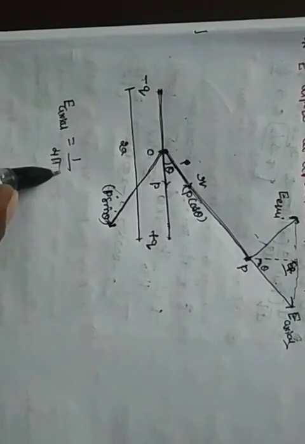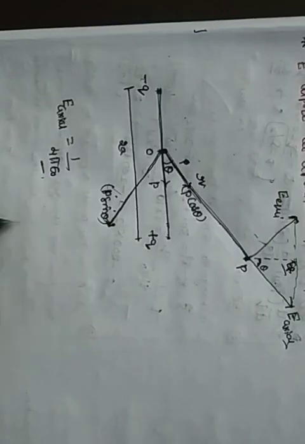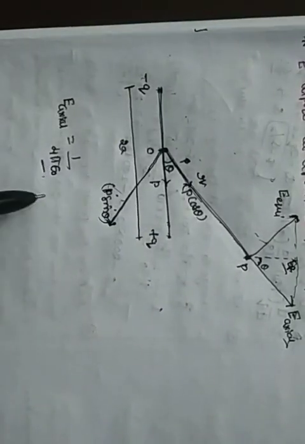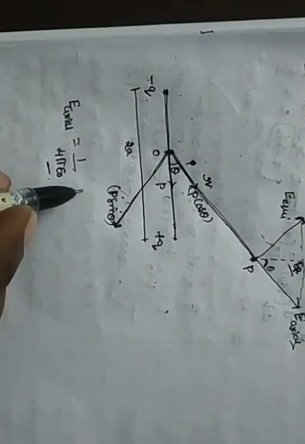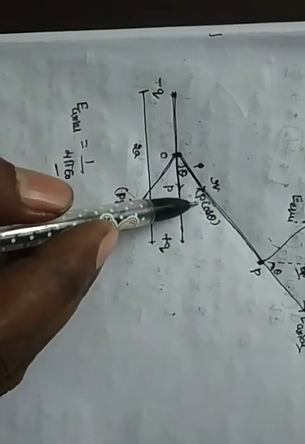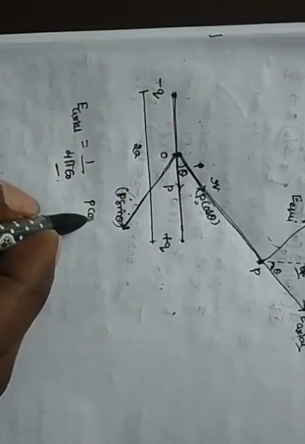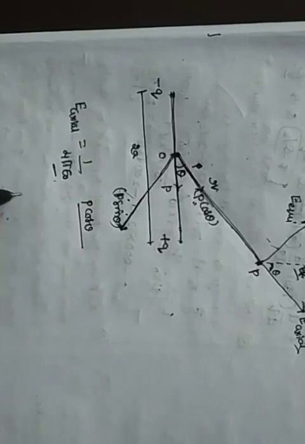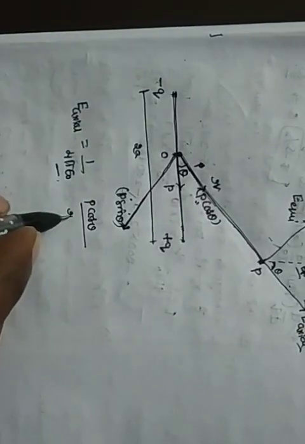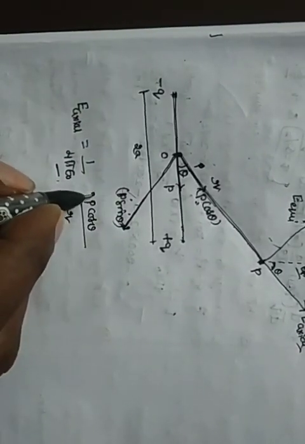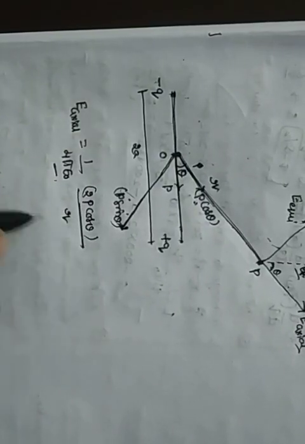So the axial field is represented like this: 1 by 4 pi epsilon naught. Instead of p, how much is present along the axial line? P cos theta is present. So 2p cos theta by r cube.